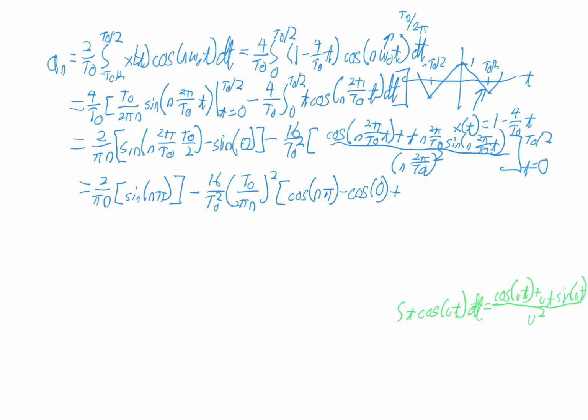Now let's take care of the sine portion. The sine portion has a 2 pi n over t naught out front. And now we have t times the sine of that argument. So at the upper limit, t is equal to t naught over 2, and then we have sine. And at the upper limit, we have that small t right here getting replaced with t naught over 2.